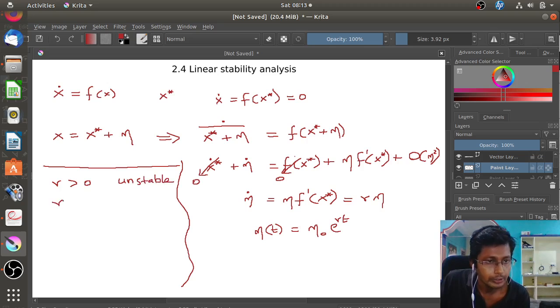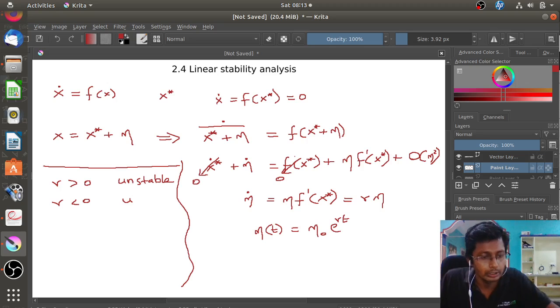If r is negative, then eta will die down to 0, which means the deviation dies down to 0. So in that case it's stable.